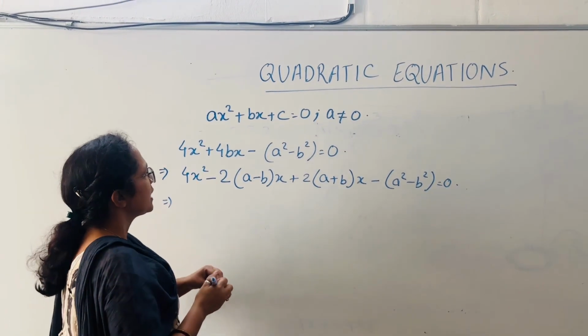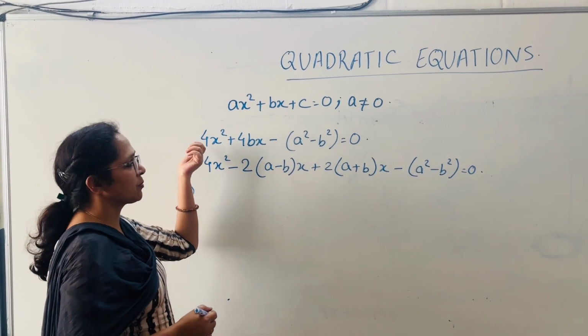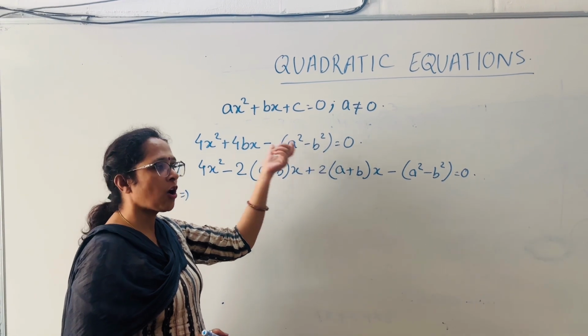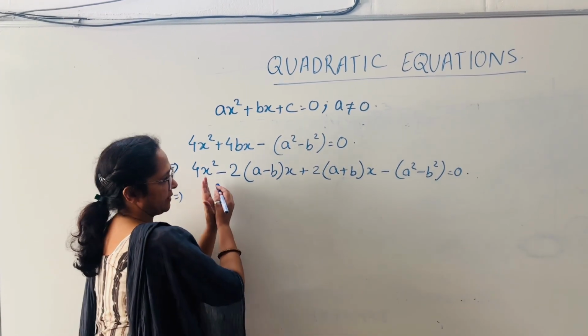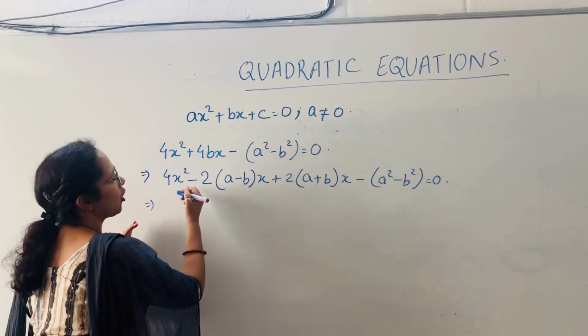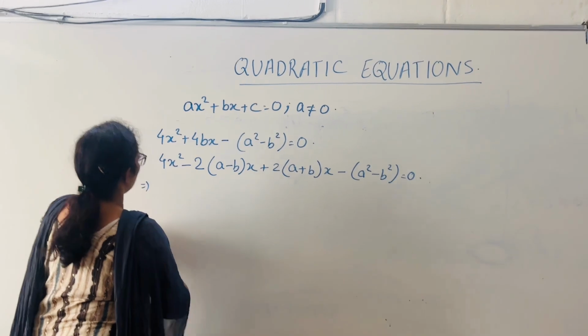We all know now that whenever the sign of the first term and the sign of the third term is opposite, then the middle terms also get opposite signs. So here we can see it is negative, it is positive.